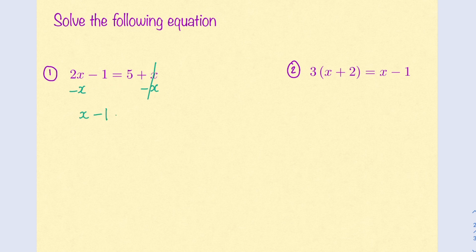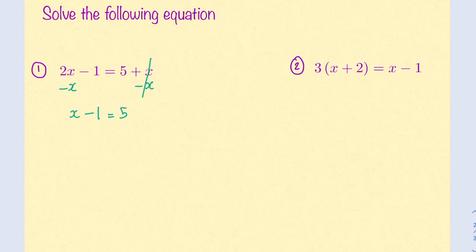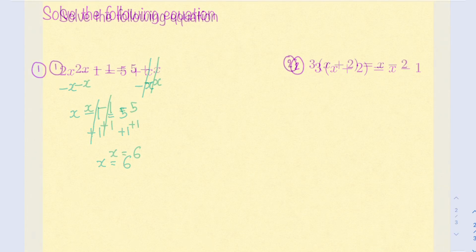Now, in order to isolate my x, I need to get rid of this minus 1 by using an inverse. The inverse of minus 1 is plus 1, so I will need to plus 1 on both sides. Minus 1 plus 1 equals 0, so cross it out, and I have x left on the left-hand side. On the right, I have 5 plus 1, which equals 6.